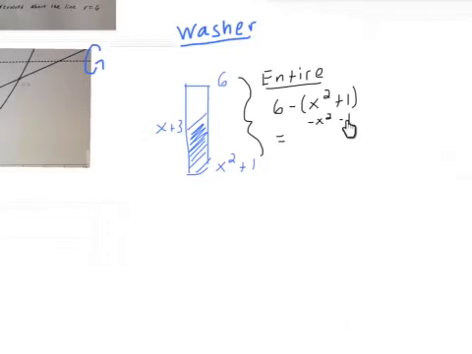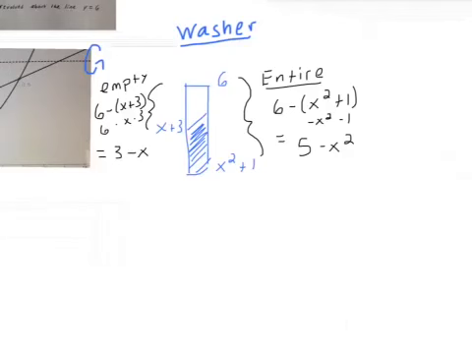So this simplifies to be 5 minus x squared. So that's going to be my entire radius. As far as the empty, it starts at 6 and it ends at x plus 3. So let me write the empty over here. So it's going to be 6 minus parentheses x plus 3. And then simplifying this a bit, I can distribute the negative, so I get negative x minus 3 and then 6. So this is going to be 3 minus x for my empty.